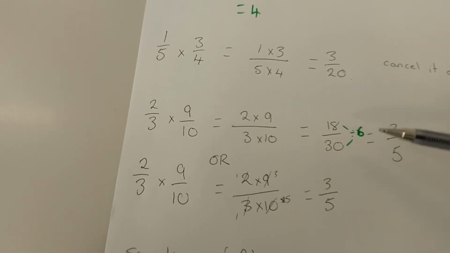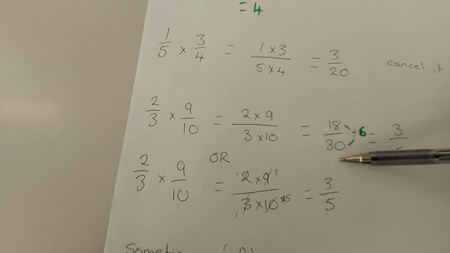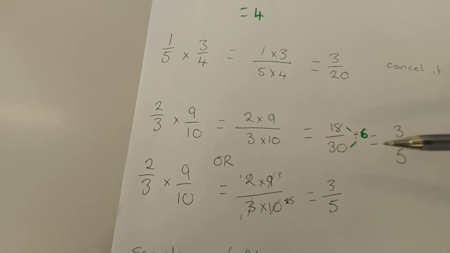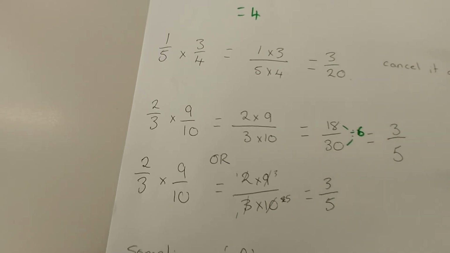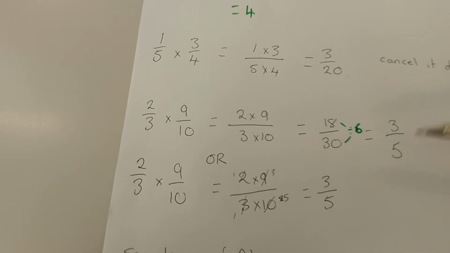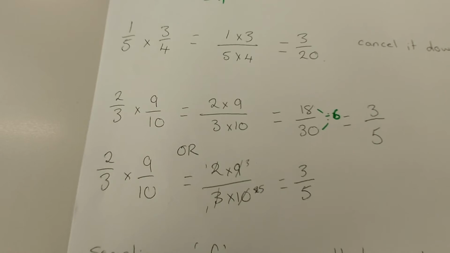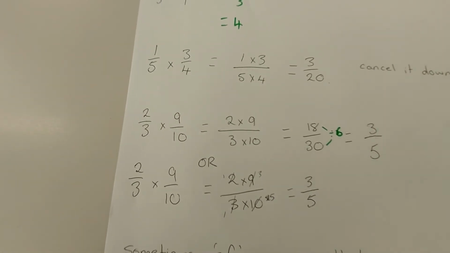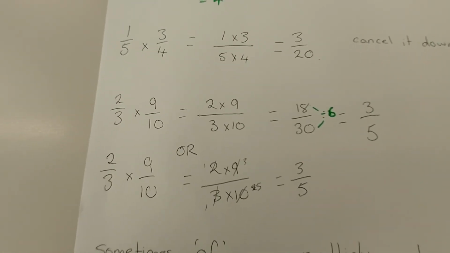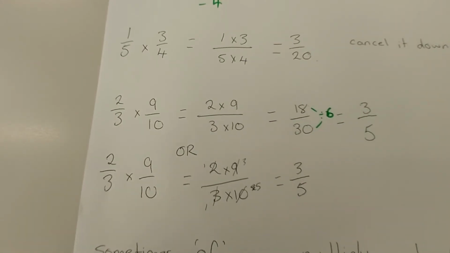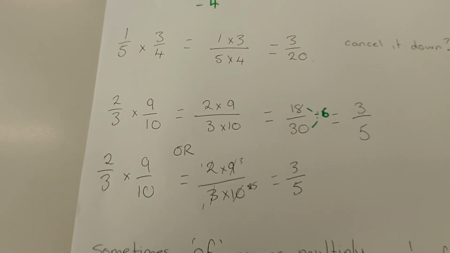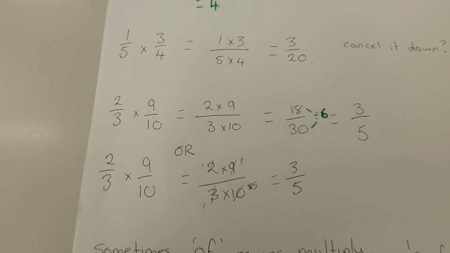Some people like to do their cancelling down nice and slowly: let's find half of the top number and half of the bottom number and then see if we can half it again. All of those strategies are totally fine. They will get you exactly the same answer in the end. And if you want to have another go, pause the video and go back and have a look at that again, that's totally fine to do.